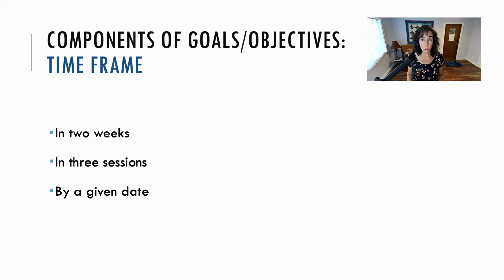In school, we review goals quarterly, and we have an annual meeting to come up with new goals. So that's a very different time frame. In my private practice, we review goals twice a year and more frequently if necessary. So we always want to date our goals so that we can tell, well, what's in 2 weeks or what's 3 sessions from now. Do you know what I mean? All right, so time frame is important.